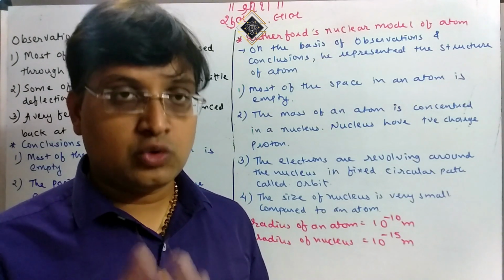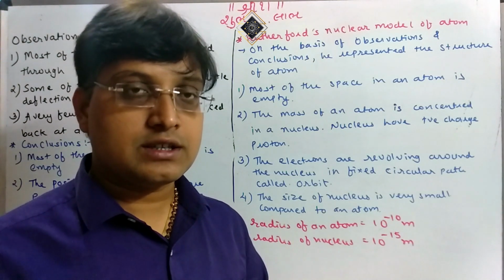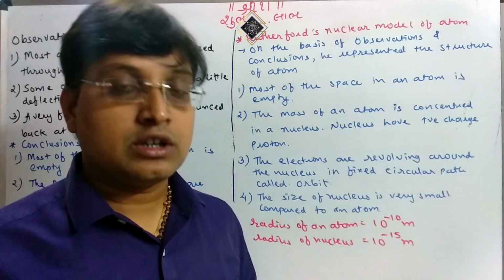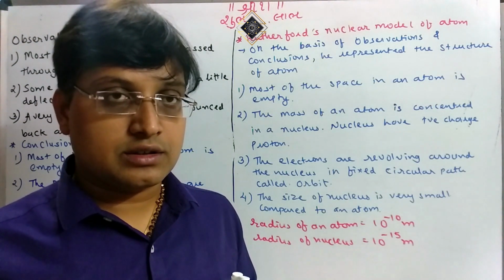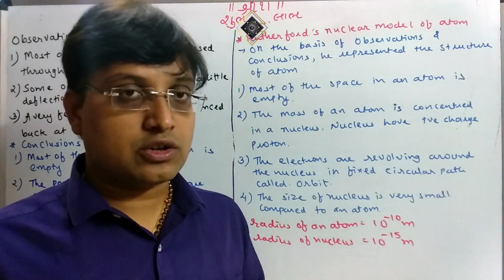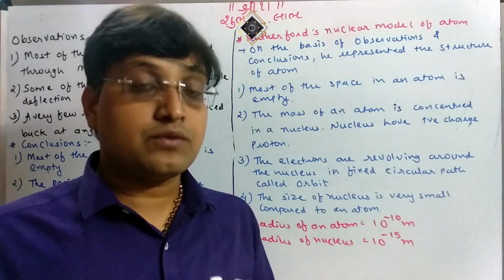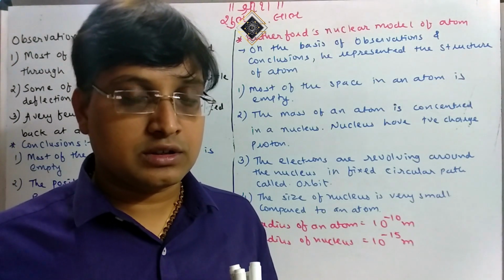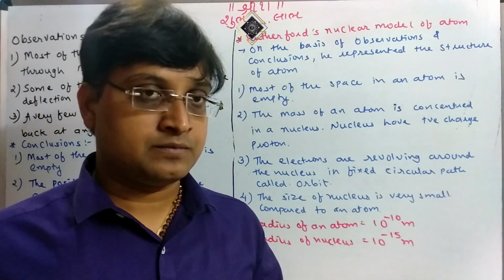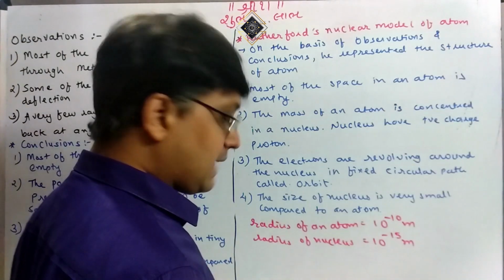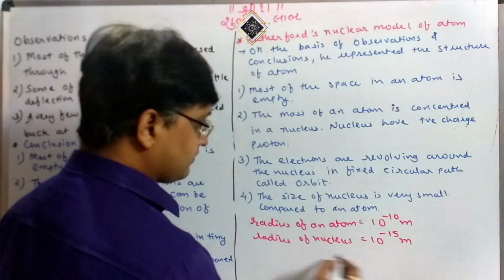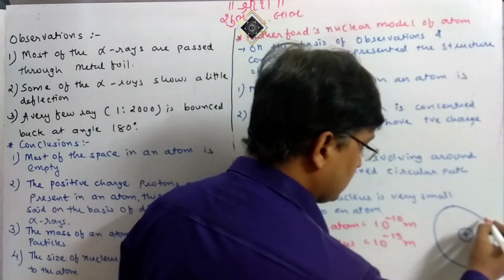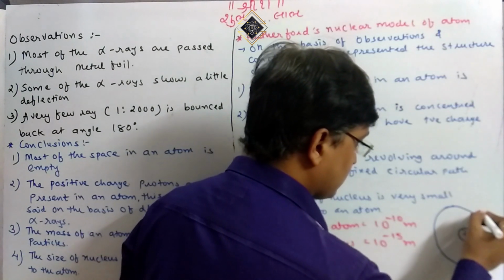Assume the size of the nucleus is like a cricket ball, then the first electron that you find is 5 kilometers away from that. That much space is empty. Clear? I am showing the structure of the atom. This one is a nucleus, very small, and this one is an electron.